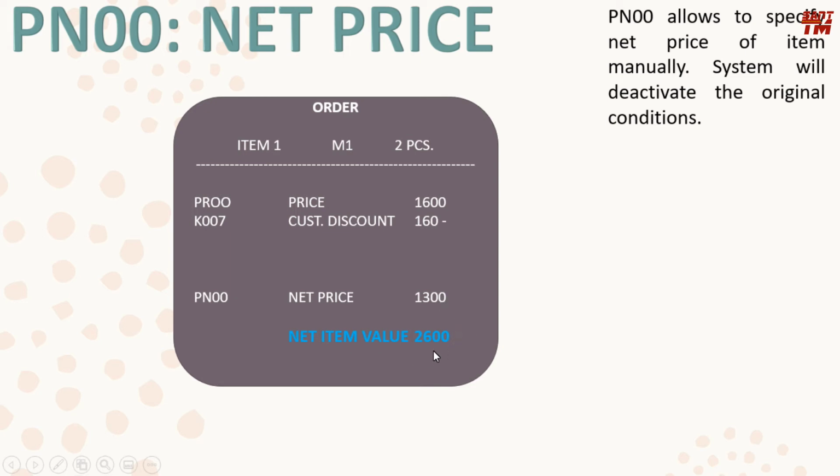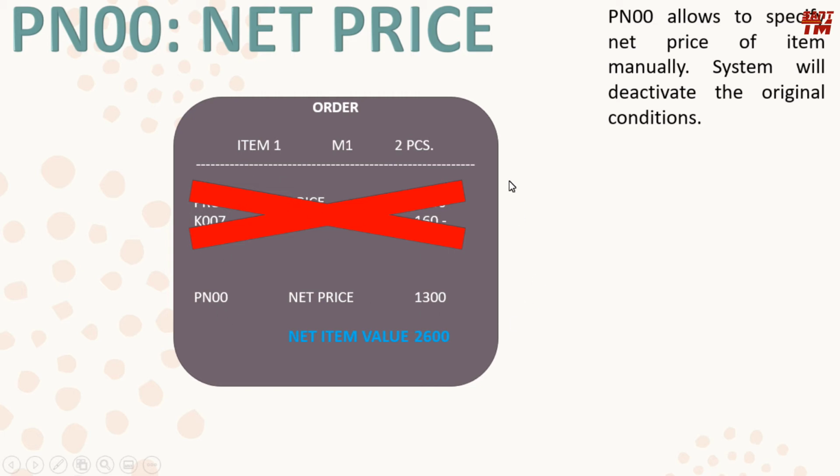So the net item value would be 2600 because two pieces are ordered. The net item value is 2600 and the net price of one item is 1300 euros. So the original conditions will get deactivated because the SAP employee has manually set the price of item 1 to 1300 euros per piece using the condition type PN00.